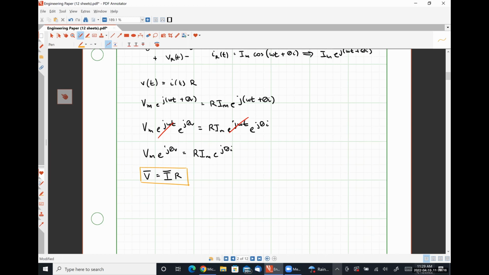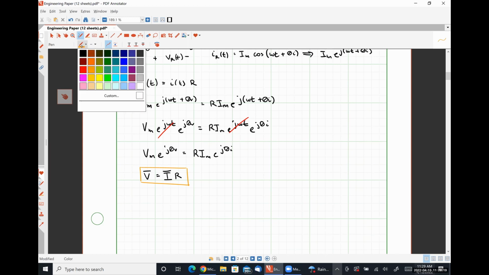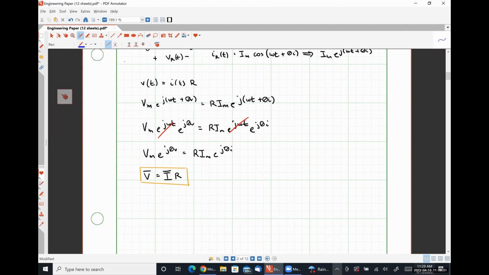So from that, I can observe that the magnitude of my voltage, Vm, is simply the magnitude of my current times R. And the phase angle of my voltage is equal to the phase angle of my current.